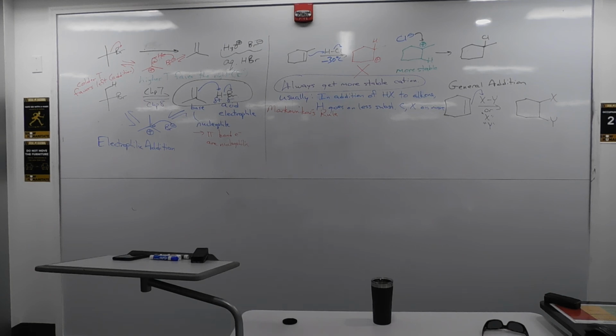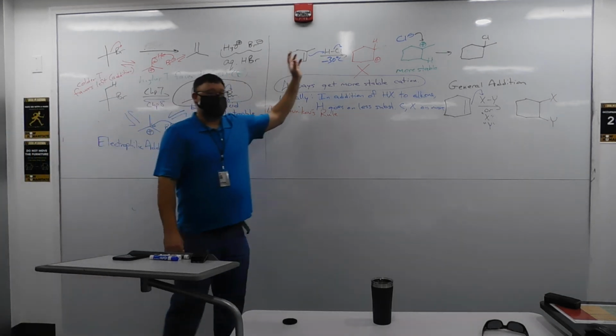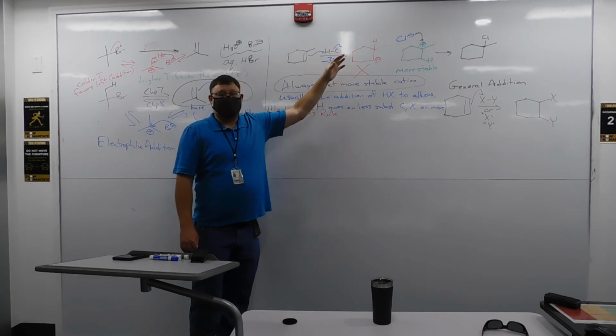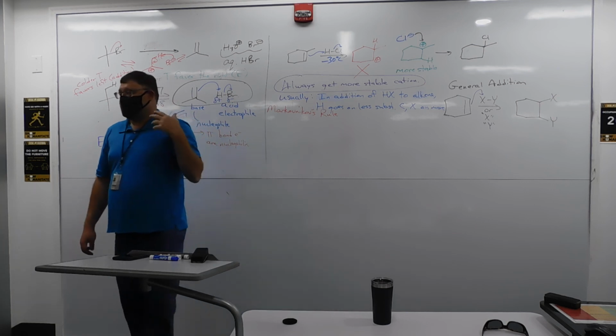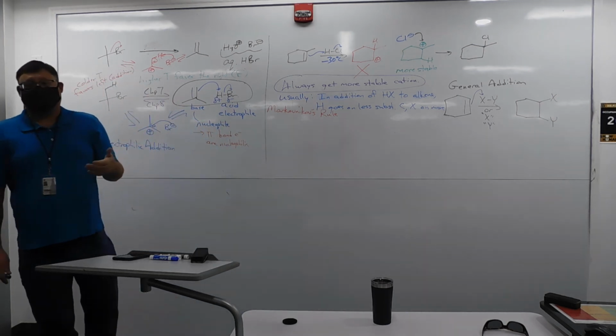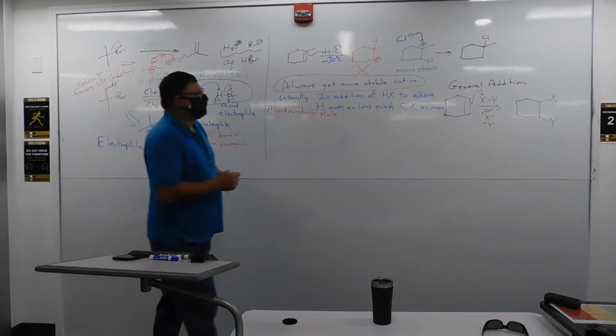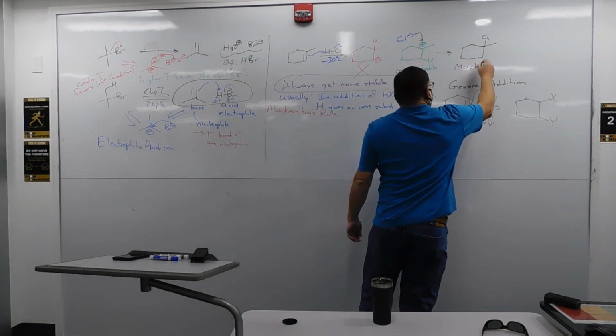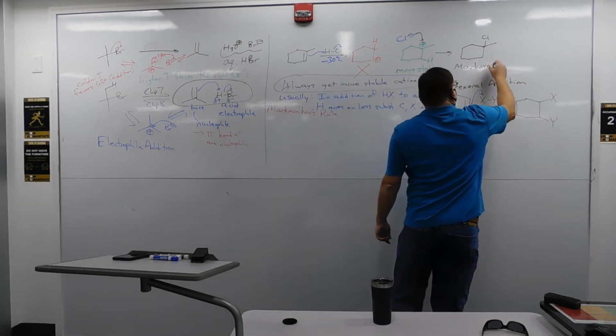So Markovnikov's rule: if the mechanism involves making a cation, you're going to get the more stable cation. We're going to see in chapter 8 some chemistry where you don't get the Markovnikov product. This would be the Markovnikov product.